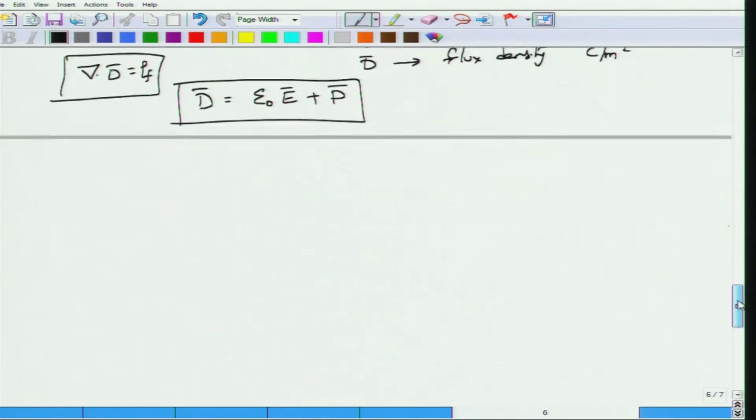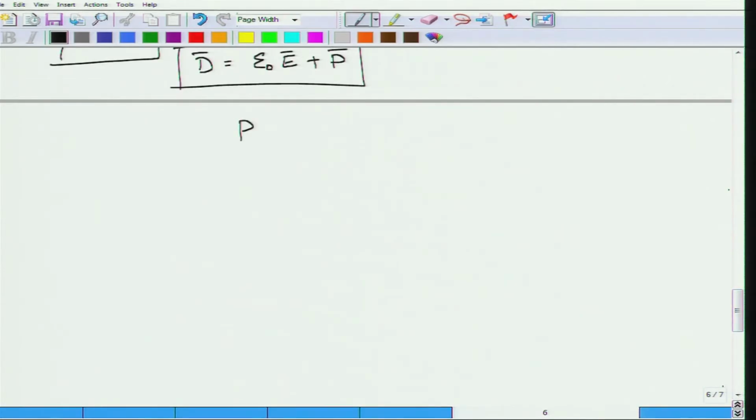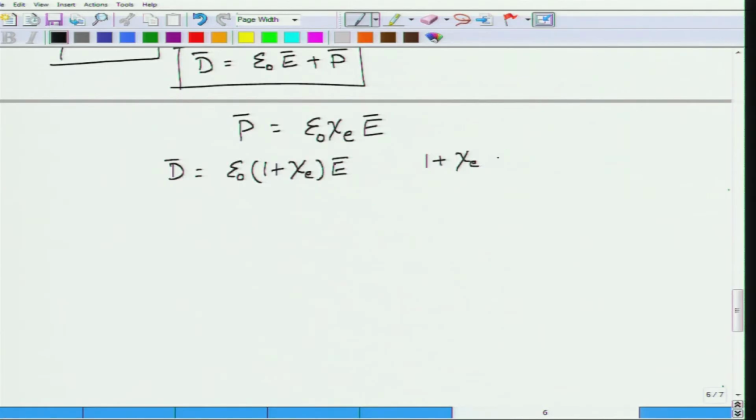Now we have seen that this vector P, in most cases, would be proportional to the first power of the electric field E via the susceptibility parameter chi e. So I can introduce this P into the expression for D and write down D as epsilon 0 times (1 plus chi e) times electric field E. Now we have given a name for 1 plus chi e: the relative permittivity.